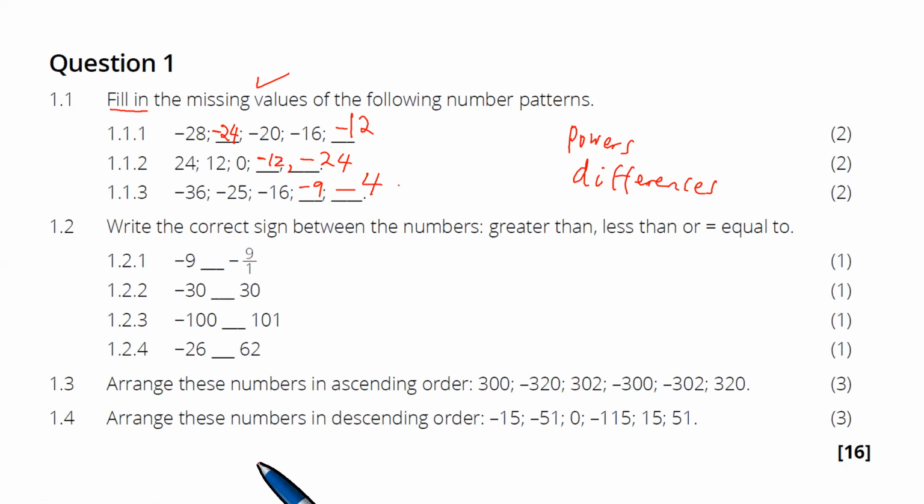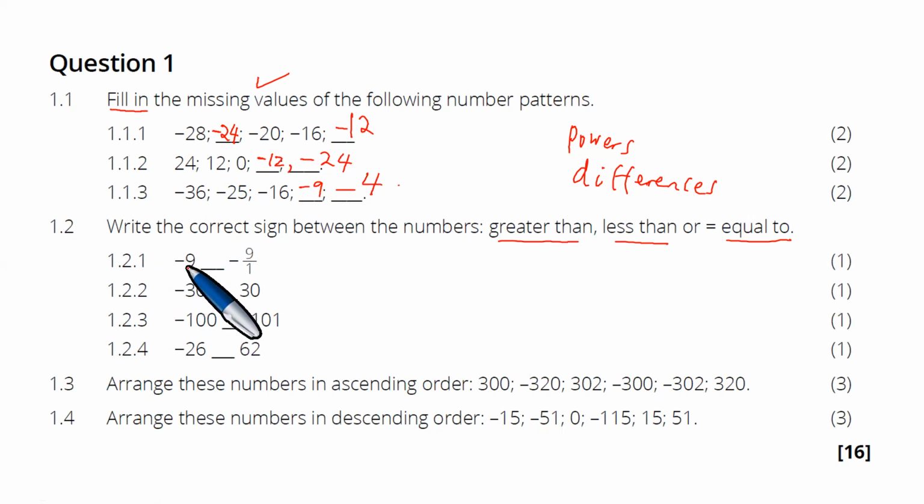The next question. In grade 7 in the exam, they're going to ask you something like this: write the correct sign between the numbers. They want you to write either greater than, less than, or equal to. So we have 1.2.1. Here's the question.